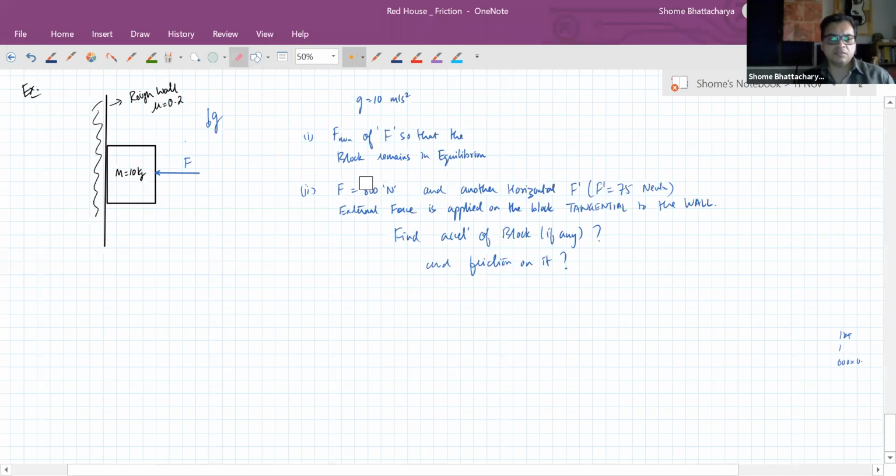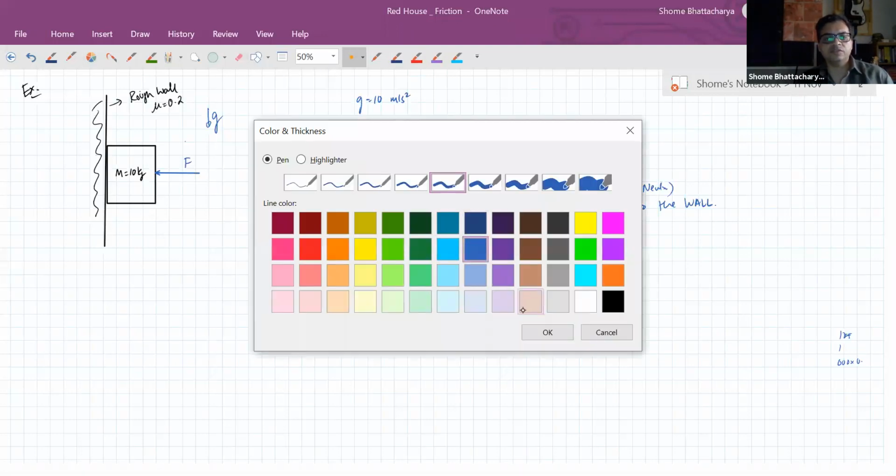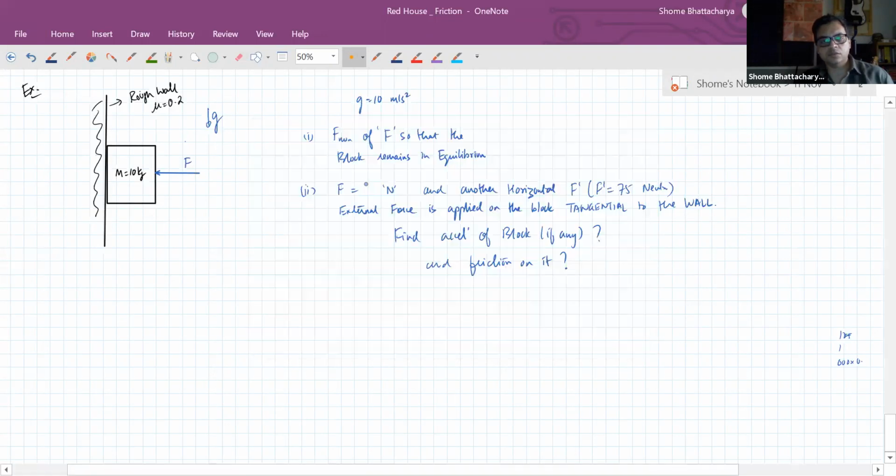So we'll just make a correction. We'll make this force 600 newtons. Okay. This force in the second part is not 800 newtons. It is 600 newtons. You can solve it for 800 also, but it will not test the concept that I'm looking to test.